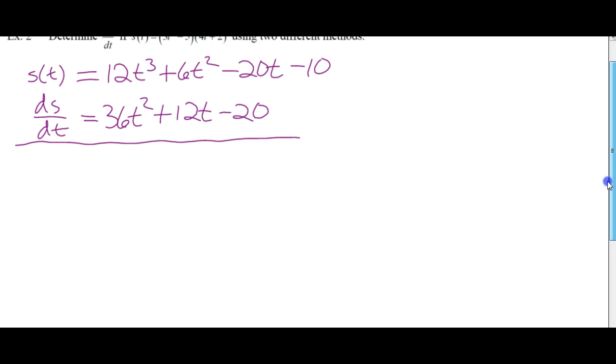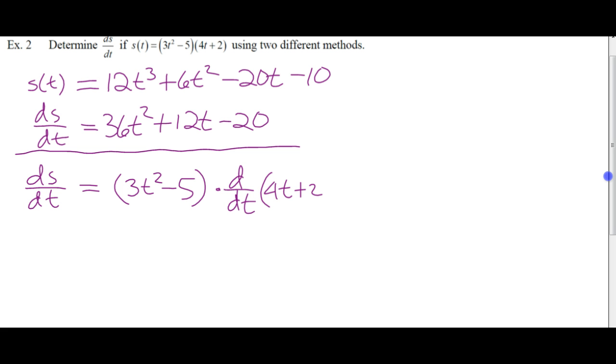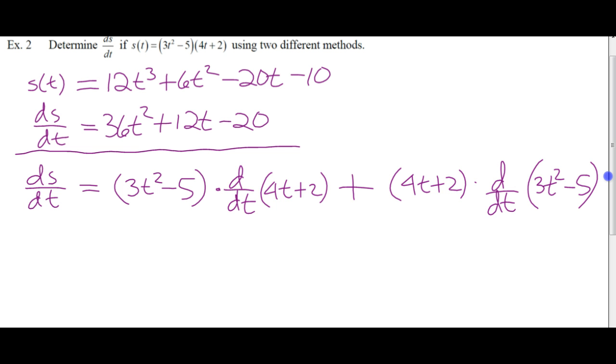So let's scooch this in down here. So what's it going to be? So ds by dt is going to be the first function, 3t squared minus 5, times the derivative with respect to t, so d by dt, of the second function, 4t plus 2, plus the second function, 4t plus 2, times the derivative with respect to t of the first function, 3t squared minus 5.